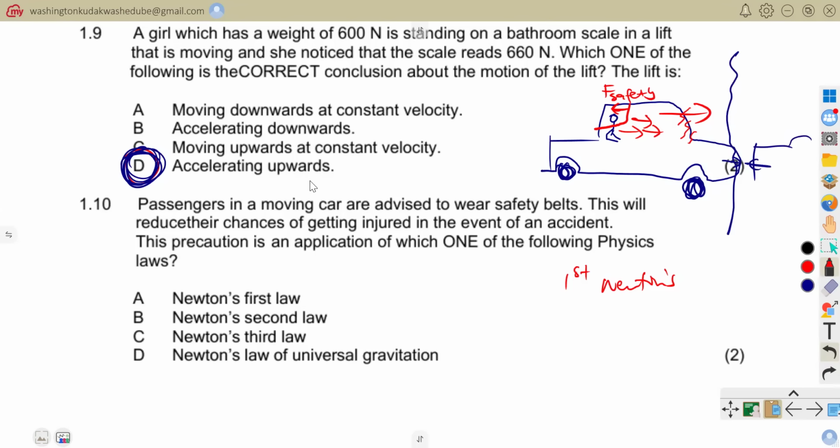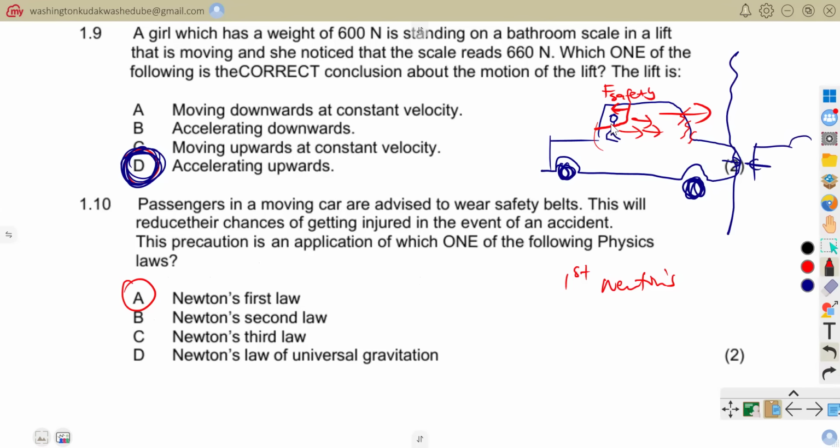So let's hear what they're asking now. This precaution is an application of which one of the following physics laws? Definitely it's an application of Newton's first law. Because the safety belt will apply a non-zero resultant force that will cause this object to change his state of motion.